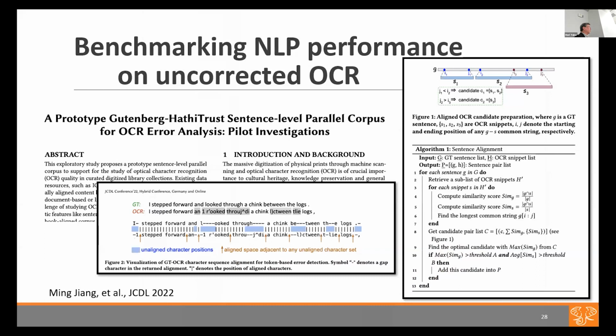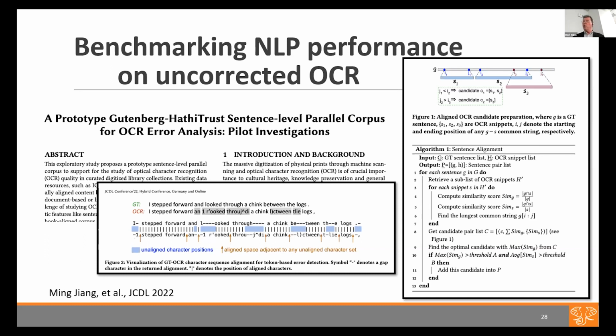We also have been doing studies with PhD students. This is with Min Zhang, who's now graduated and a teacher at Indiana University, Purdue University in Indianapolis. Her whole thesis was looking at the effects of OCR errors on some of these fancy new transformer algorithms.